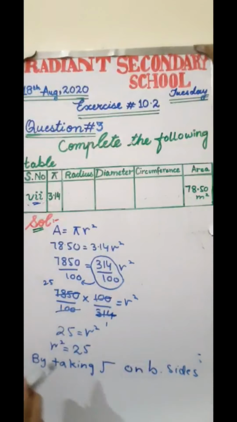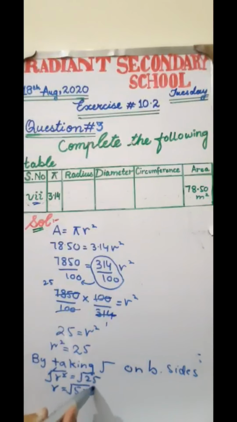Now when we will take under root on both sides, it will become like this, r square is equals to under root 25. Okay, this under root can cut this one, r is equals to, under this under root 25 is there, I can write 5 multiply by 5.